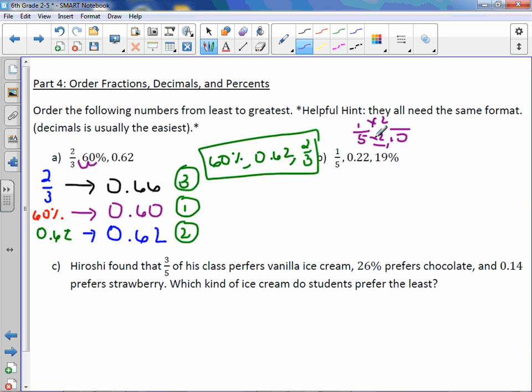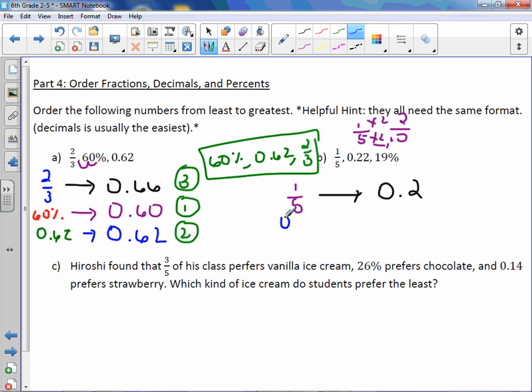Let's fix my multiplication signs. 1 times 2 is 2. So this is 2/10. Let me write this out. 1/5, which is 2/10. Okay? And 2/10 can be written as 0.2.